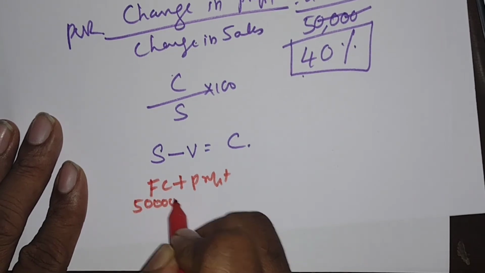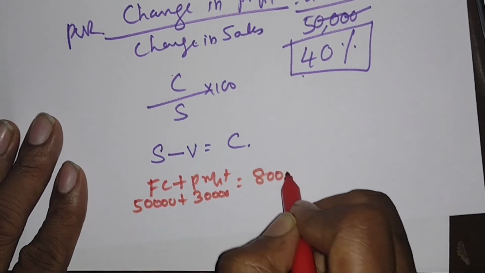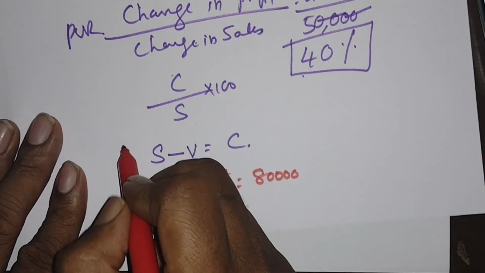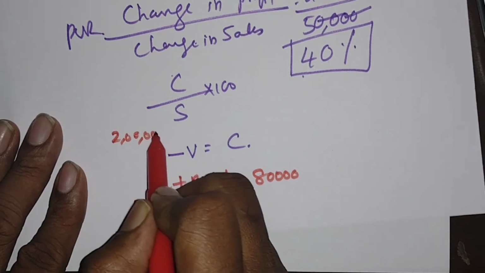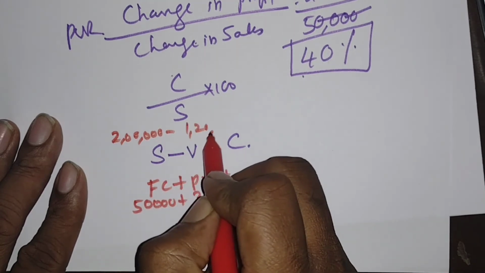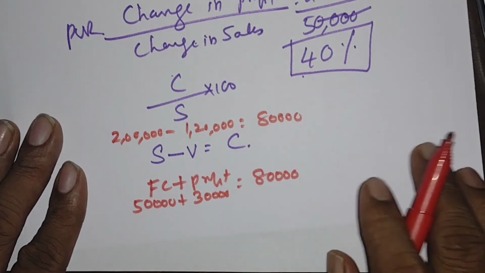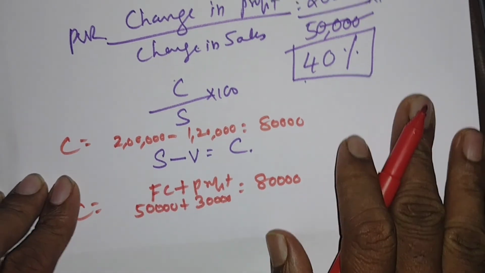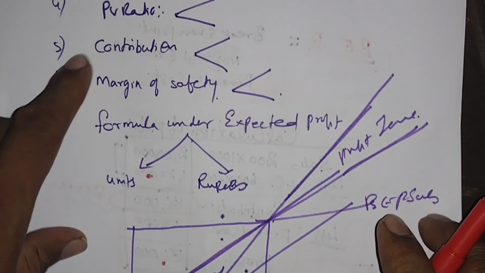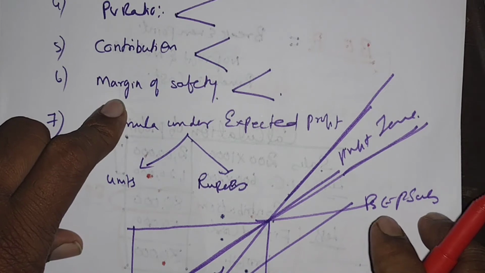You see that 50,000 plus 30,000 is equal to 80,000, and the selling price, it is 2 lakhs, minus variable cost 1,20,000. Then also you get the same 80,000. So two different formulas we have for contribution. Okay, after this, the next topic we are going to discuss is margin of safety.